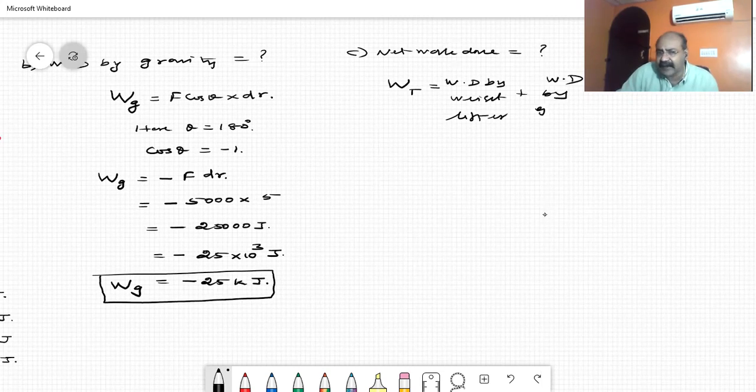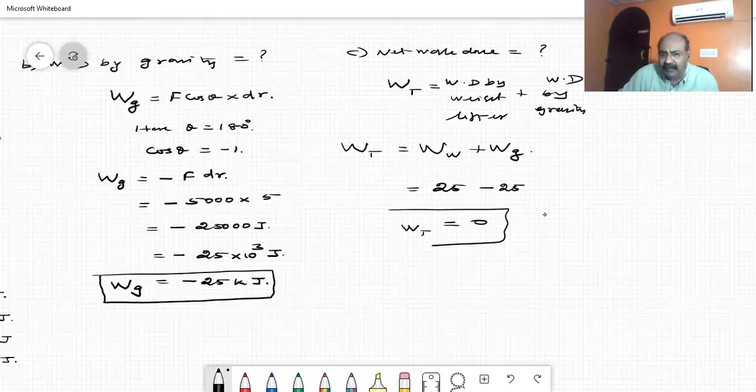That is the net work done. So the total work done WT is equal to WW plus WG. This one is 25, another one is minus 25. So the net work done, or the total work done, by the weightlifter is equal to 0. Hope you have understood this.